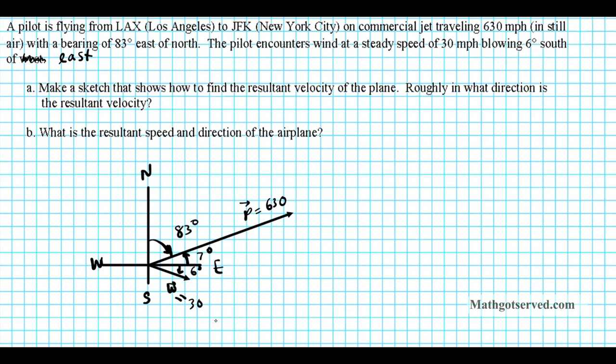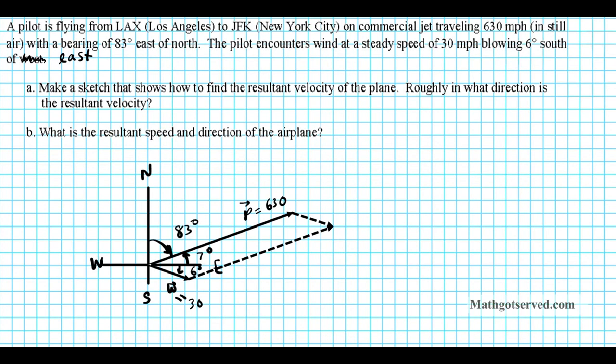Now where would the resultant vector go? In order to do that, we're going to use the parallelogram law to create a parallelogram by translating this vector to the tip of the other vector, and then this vector to the tip of this vector right here. I just copied vector P to the tip of vector W, and then vector W to the tip of vector P. This gives us a parallelogram.